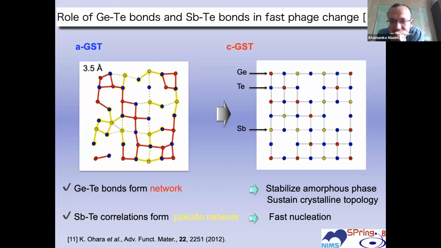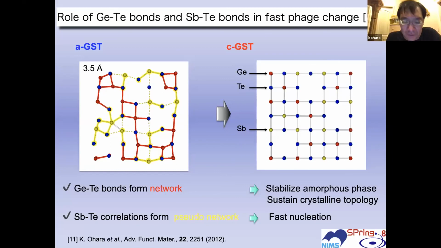I'm sorry, I can't catch up. So the question is, you conclude that to have fast nucleation, crystallization, you need a network to be in amorphous. Is that right? Or do you need the four-fold rings also?